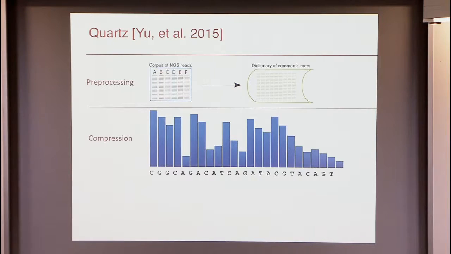So then, compression works like this. We've got our sequence and our quality scores, and we've got some reads. We're going to break this read into k-mers. And these are 30-mers staggered every 16, so they're half overlapping 30-mers.